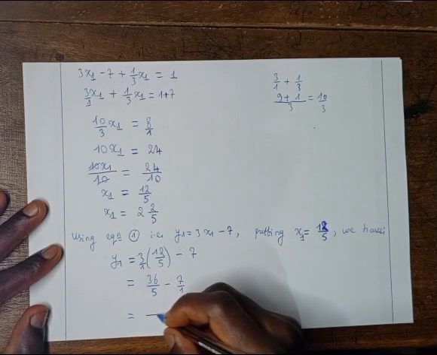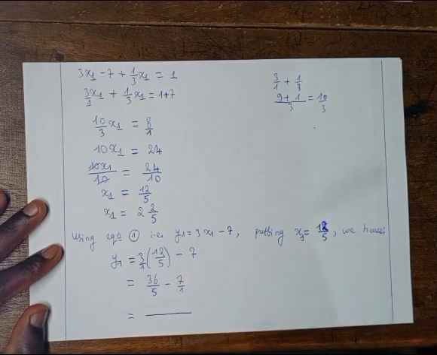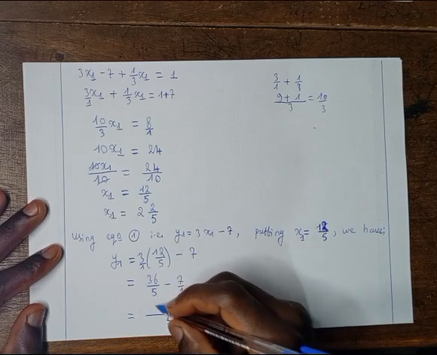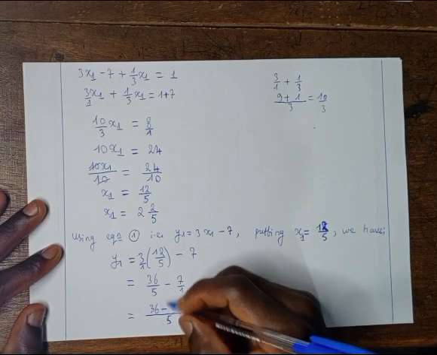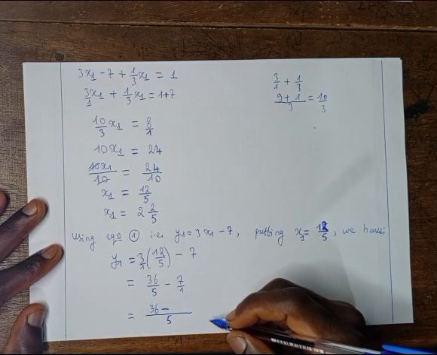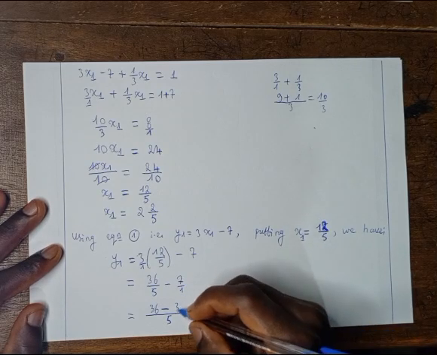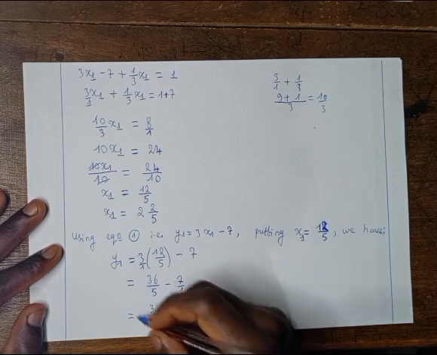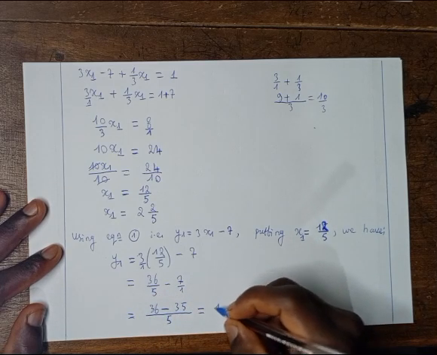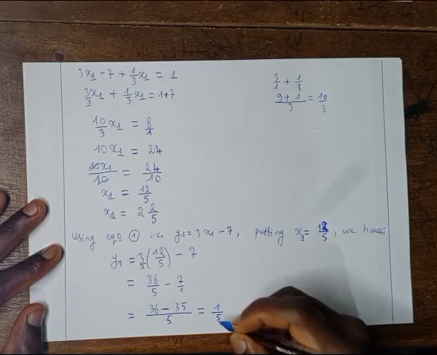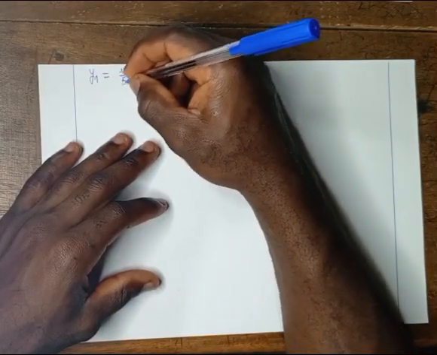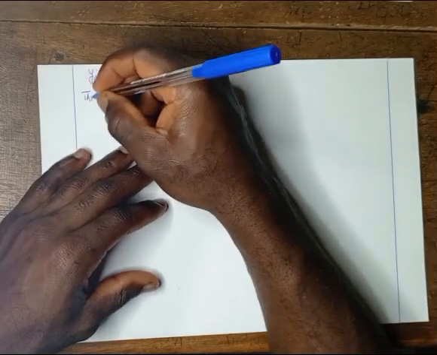Next, we have to find the LCM. The LCM of 5 and 1 is 5. 5 divided by 5 will give us 1 times 36 minus, we are going to bring down the negative sign. 5 divided by 1 remains 5 times 7 gives us 35. Next, if we subtract, 36 minus 35 gives us 1 over 5, so gives us y1 to be equal to 1/5.